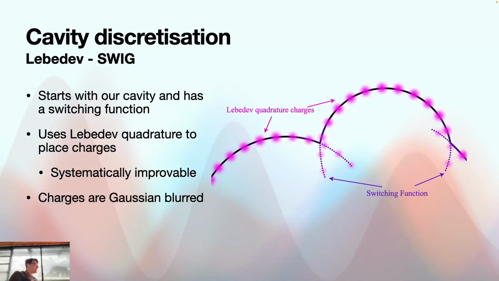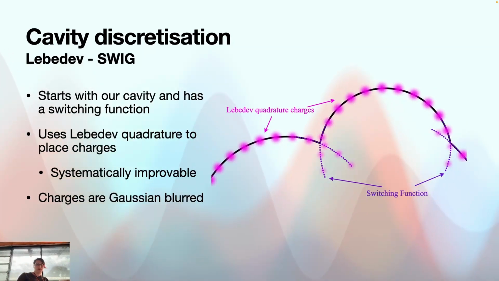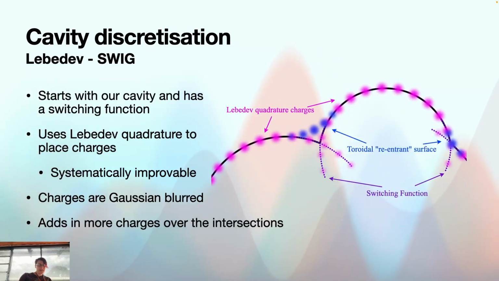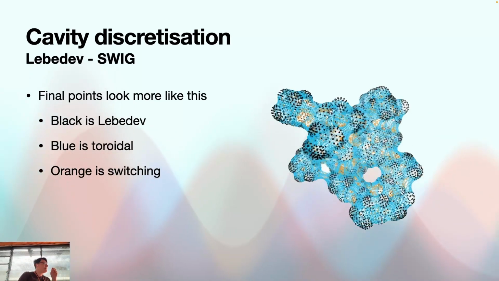The charges are Gaussian blurred, and there are switching functions inherently implemented in this model. The other thing this does is that it puts toroidal re-entrant surfaces over the top of those switching functions to make it more continuous. We can see that in this graphic here, where the black points are all generated from the Lebedev discretization, blue is toroidal, and orange is switching.